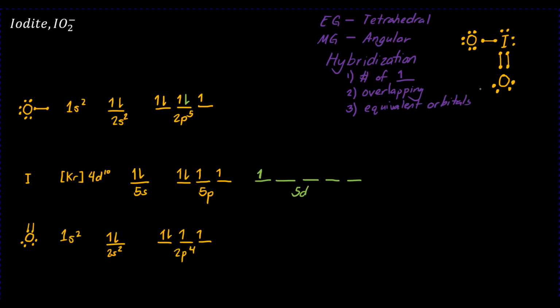So these two go hand in hand, but to make it less confusing, I will first illustrate overlapping of orbitals. So here, let's say iodine will bond with the first oxygen through the overlap of these two orbitals.